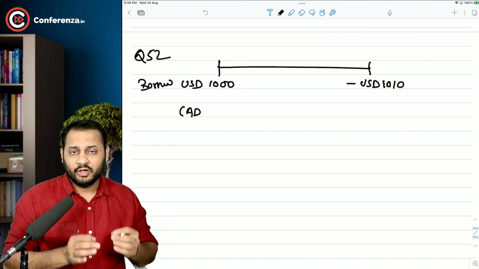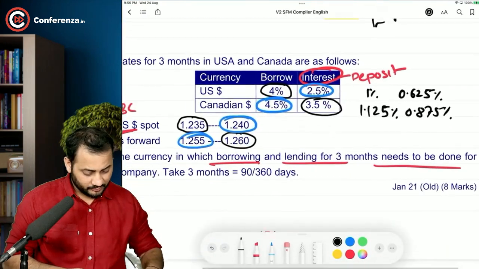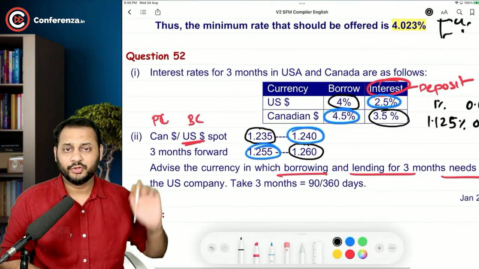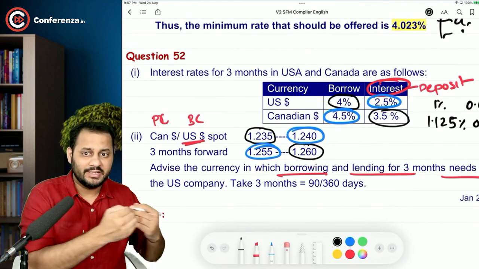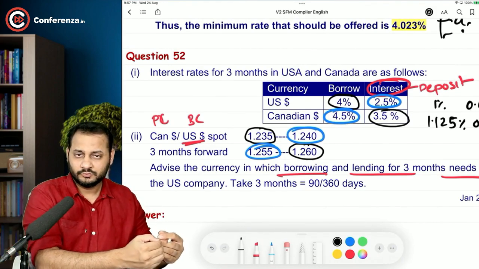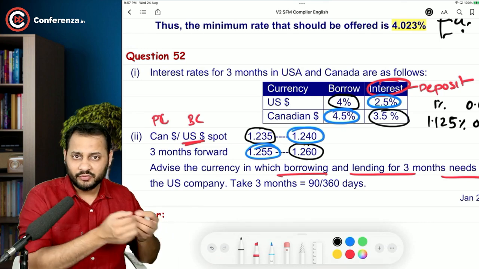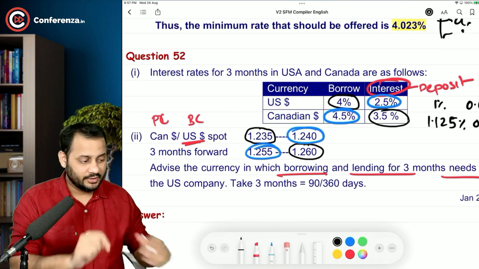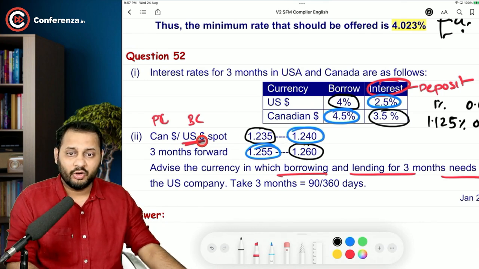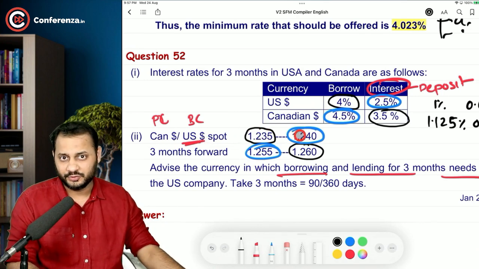So, what is the Canadian dollar amount to buy US dollar? We want to buy US dollar, let's say for example, by paying Canadian dollar. How much US dollar do we want to buy? 1000. We want to buy dollar, the bank will sell it. The bank's dollar selling rate is 1.240.